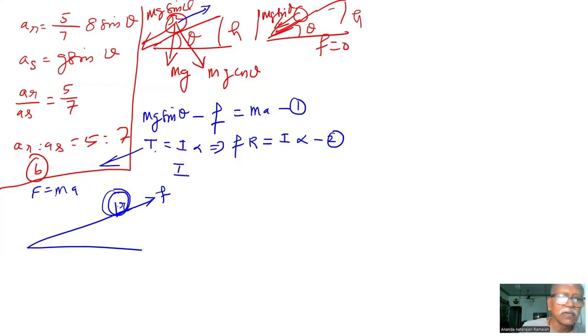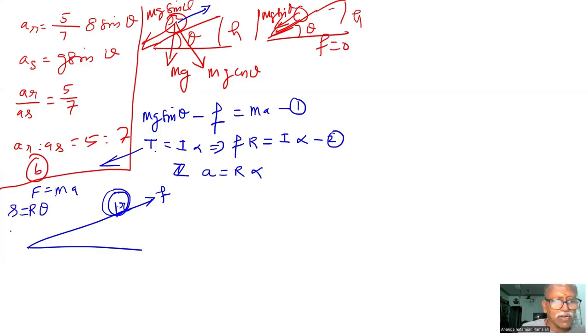Third equation, a equals R alpha. This is how you get it. We know that R theta equals displacement.